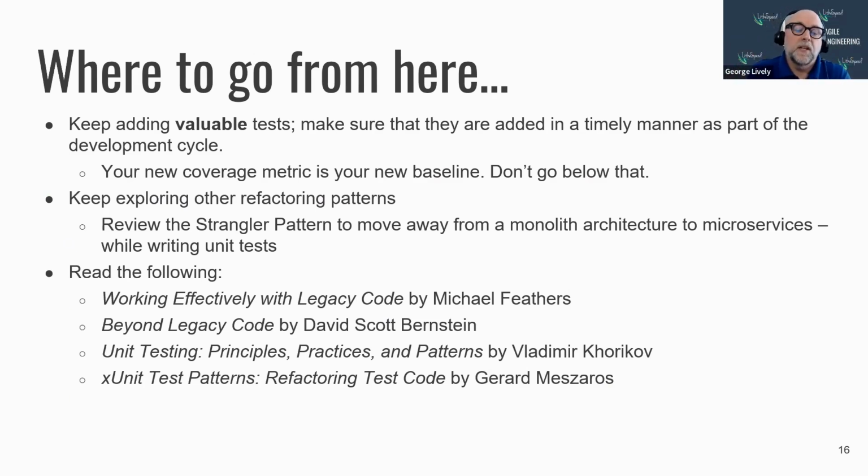I think that tests that are not valuable are imposing a pretty heavy cognitive load on the teams that are supposed to maintain them. And when they are not against valuable code, then they're not valuable tests. They're probably better not being in our repositories at all. Get rid of them. But we should also make sure that we are adding all of our tests in a timely manner as part of our development cycle.